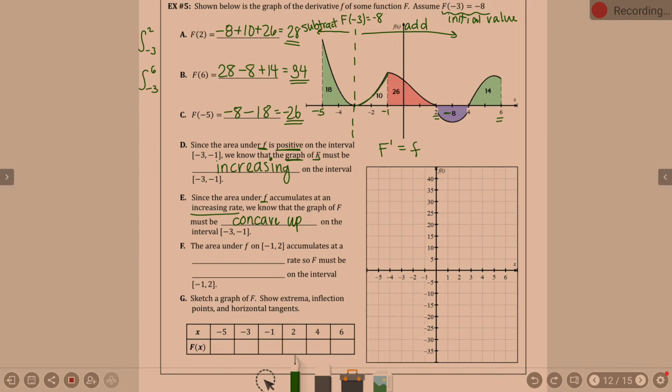Here, this time it is decreasing. So it's accumulating at a decreasing rate. So F must be what on that interval then? Capital F, that is. It would have to be concave down on that interval.